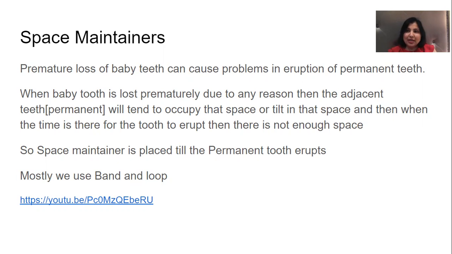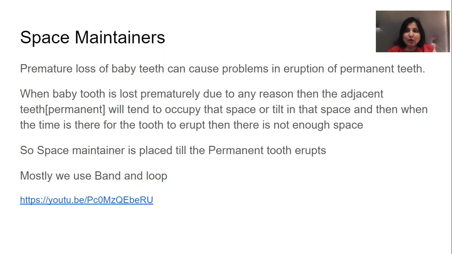So suppose the patient has lost the second primary molar, then we place a band on the permanent first molar, which has erupted. And then we put a loop around that space, and we do a band and loop. There is a YouTube video in the links, so please watch it. That should explain band and loop pretty well.